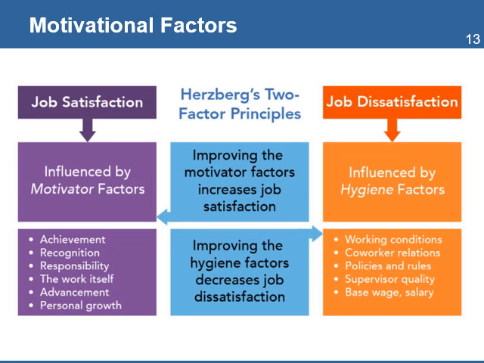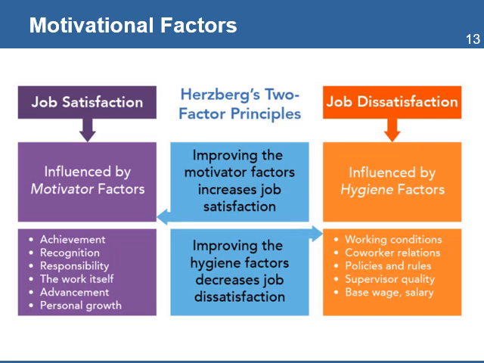This theory proposes that team members are influenced by factors that increase job satisfaction, which is primarily the result of improving the motivation factors such as achievement, recognition, responsibility, promotion, and growth. Factors that increase job dissatisfaction include hygiene factors such as working conditions, co-worker relationships, policies and rules, the quality of supervision, and salary.